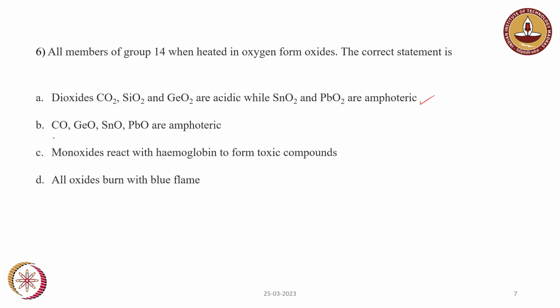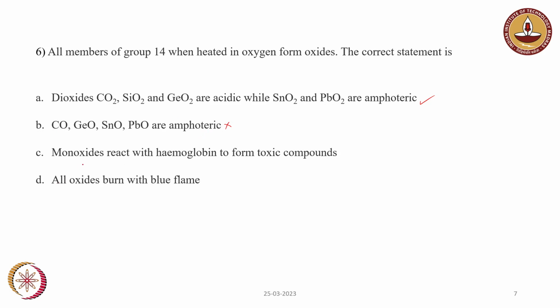And the second statement is CO, GeO, SnO, PbO are amphoteric. No, the statement is wrong because they are basic, because we know that CO can act as a ligand, and ligands are bases. So the statement is incorrect.